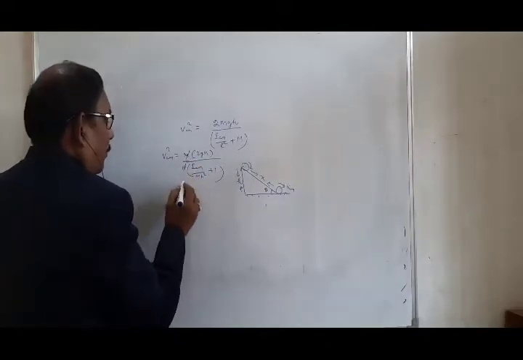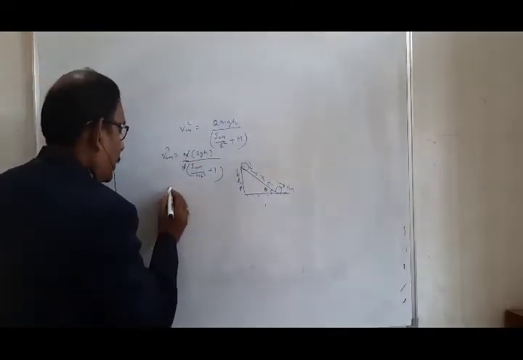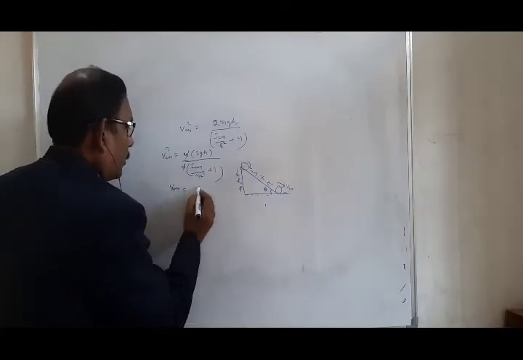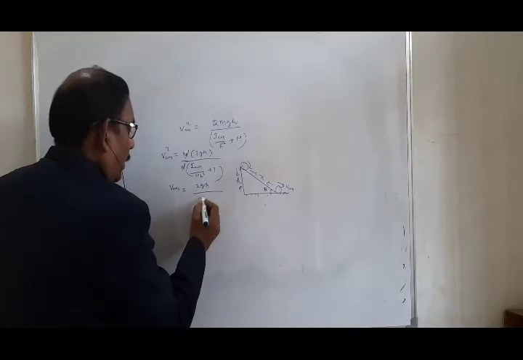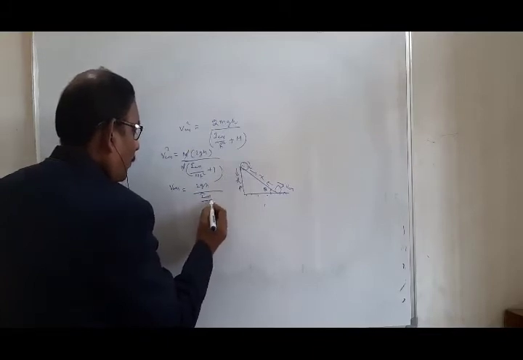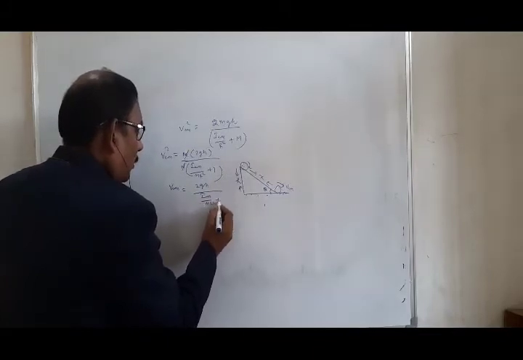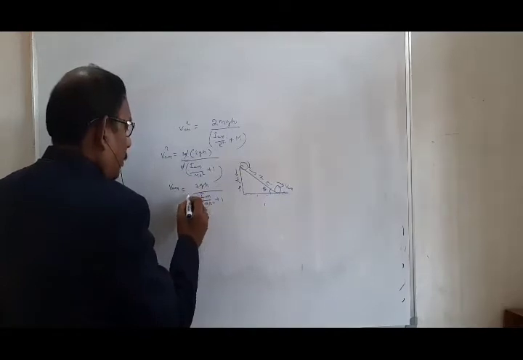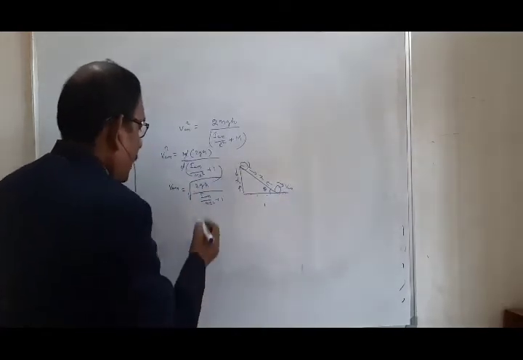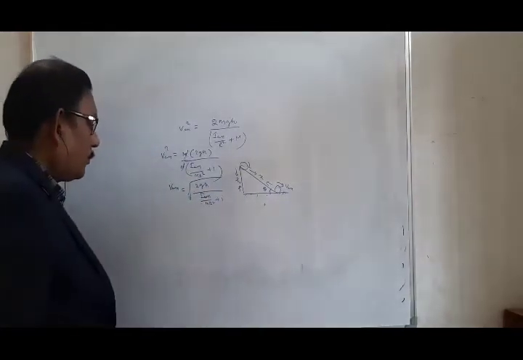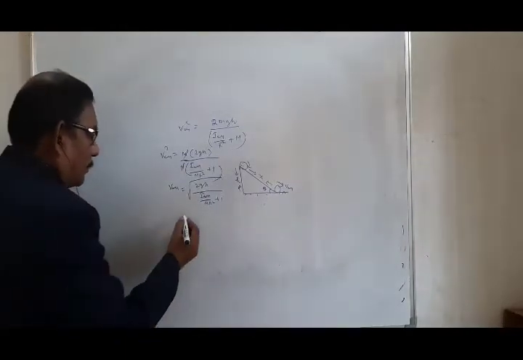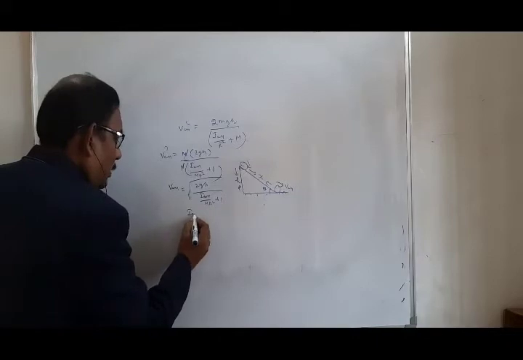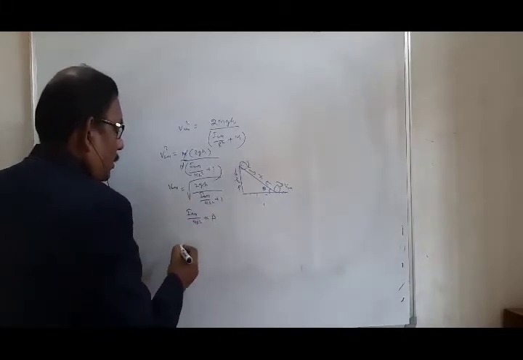Cancelling the factor m in numerator and denominator, V_CM equals the square root of 2 g h divided by I_CM by m r square plus 1. Okay. Replacing this factor I_CM by m r square by beta, suppose that.